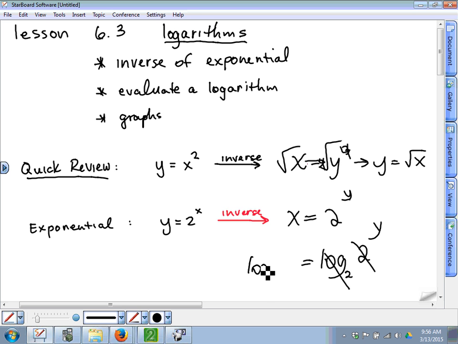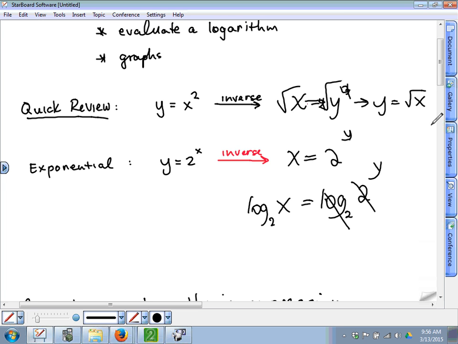So you've got to do the log base 2 of x as well. You've got to do a logarithm on both sides, just like you have to square root both sides of an equation. So what we end up with is y equals the log base 2 of x. That's the inverse of this.